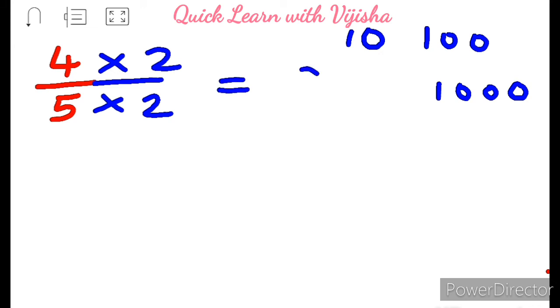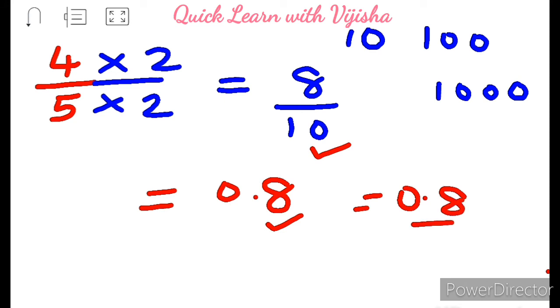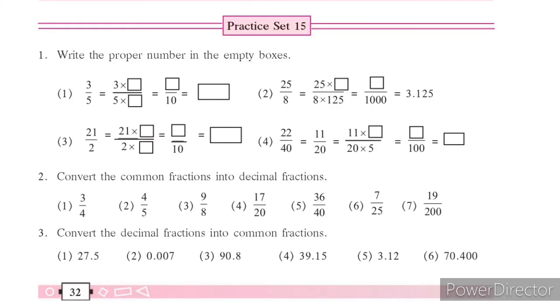So what is the value you are getting? 8 upon 10. Now coming to convert it into decimal, we have to write 8. 10 has only 1 zero, 1 digit, 0.8. So your answer is 0.8. Understanding, children? Same way you can solve the rest of the sums.